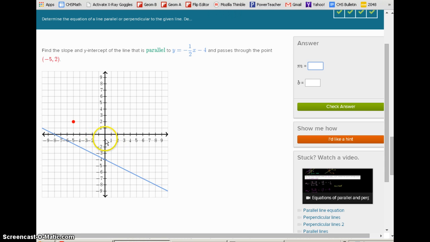It doesn't go in this direction. It goes as a straight line, right? So it's going down 1/2 and over 1, and then going down 1/2 more and over 1 more. So as it crosses here, it's gone down 1/2. So the intercept is going to be -1/2. And guess what? The slope is also -1/2.